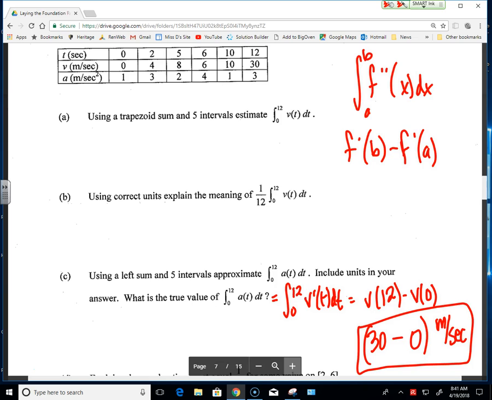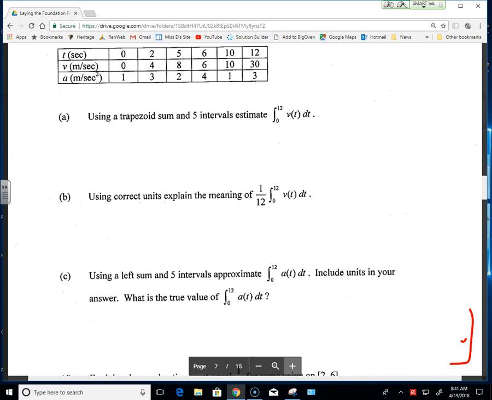It's rough for Saturday, but it's good for now if you're like, I get it. Pause. What is this falling under as far as how you could study this? Fundamental theorem of calculus. Antiderivative of B minus antiderivative of A is how you always actually solve any integral. Does that make sense?